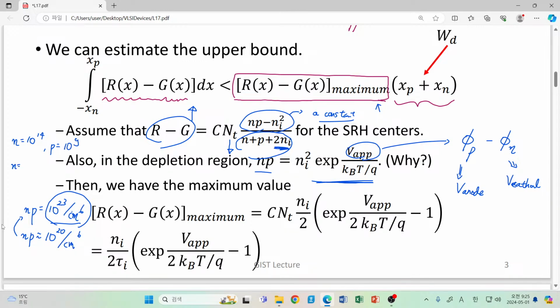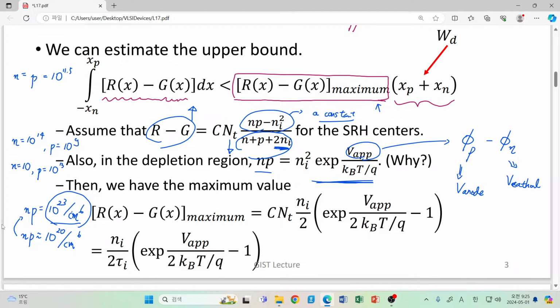If you have 10 to the 10 here, your hole density is 10 to the 13. So in order to minimize this number, what will be your values for electron density and hole density? It is quite certain that in order to minimize it, you must have n equal to p equal to 10 to the 11.5.